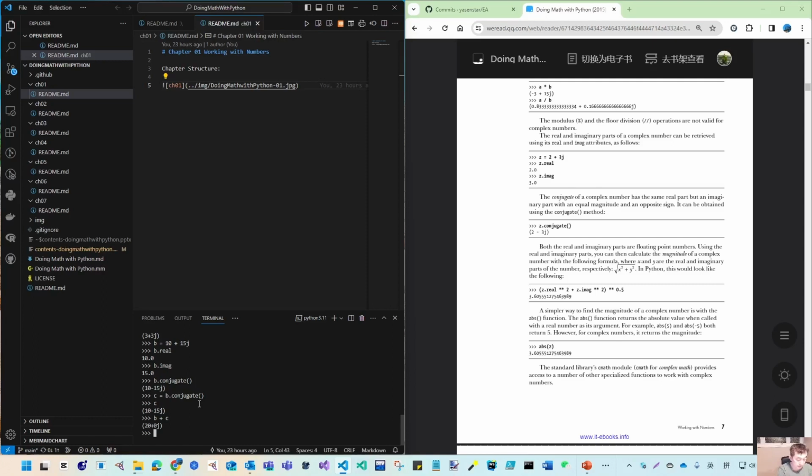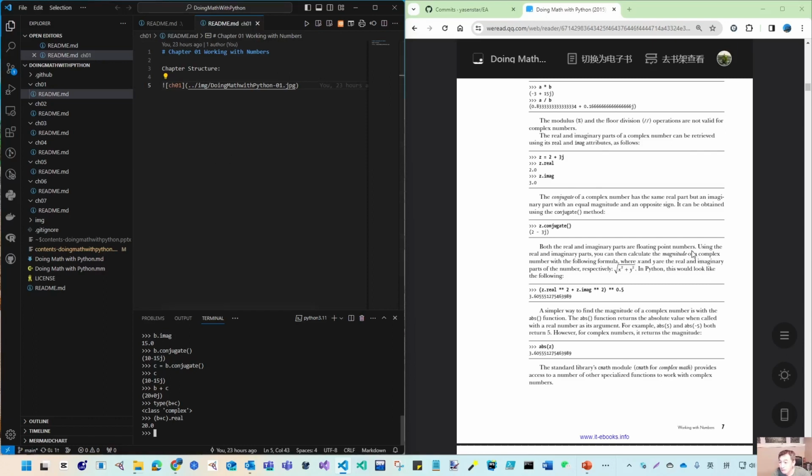But if you type b plus c, you can see it's still a complex number. It's not removing your imaginary part. The only way to do that is to take the real part, so you get 20 without the imaginary part. So in short, keep in mind the type of the result for any of your operations.